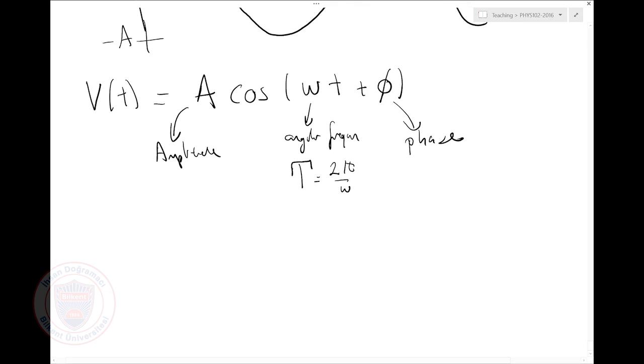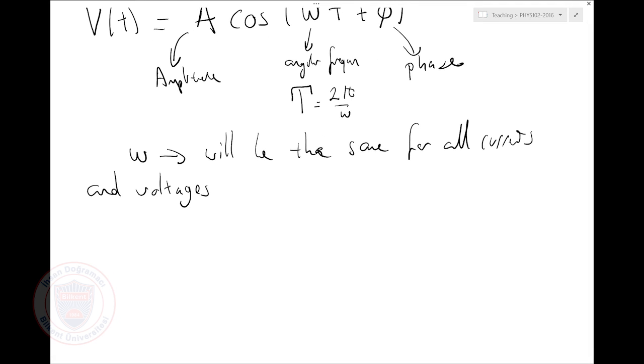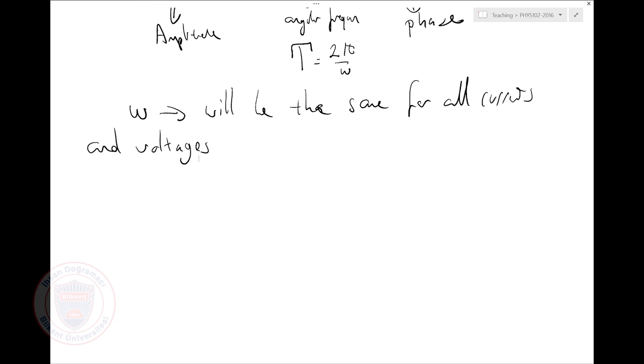So omega will be the same for all currents and voltages. For each element in my circuit, I need to determine two quantities: one is the amplitude, the other is the phase.